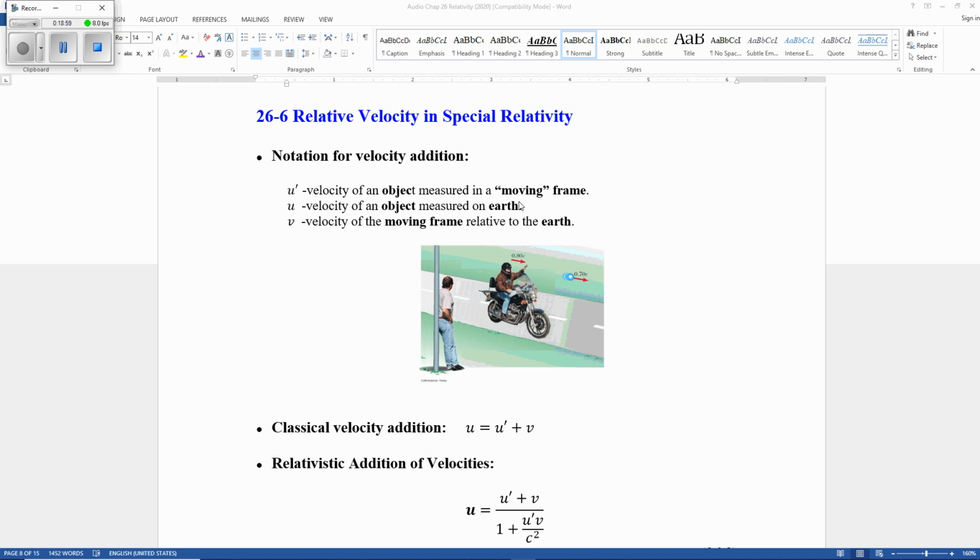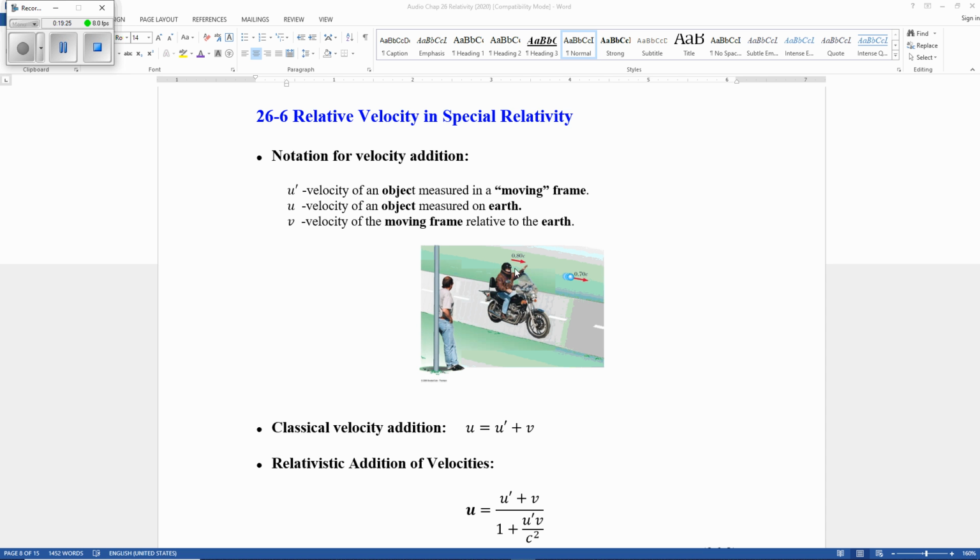To make things simple, we always choose the Earth as stationary. Of course, you can choose another way, that's relativity. You could say the vehicle is stationary, and then this guy is moving backwards this way. Anyway, we assume the Earth is stationary for this example. So U is the velocity of the object measured on the Earth.